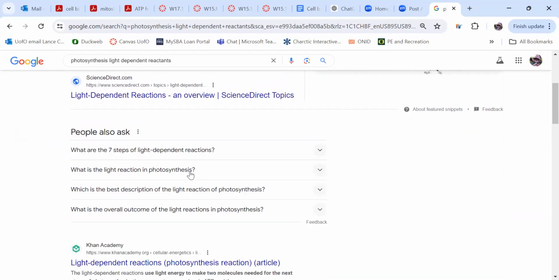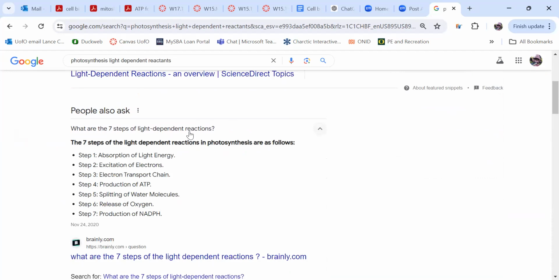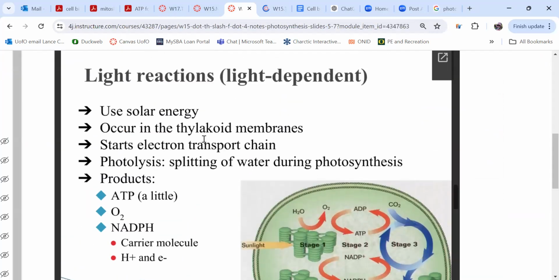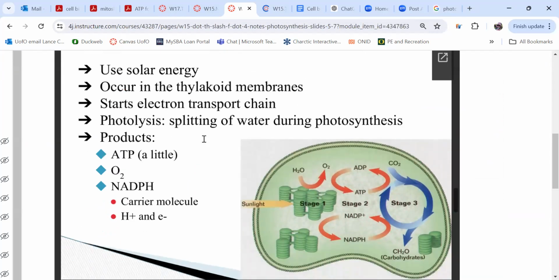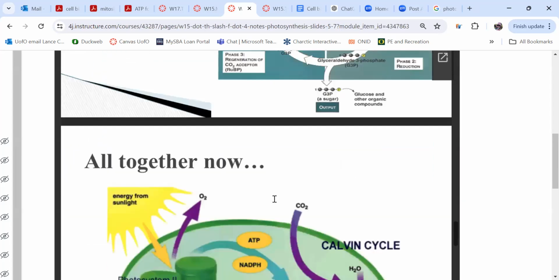Hmm, 7 steps, huh? Use solar energy. So we have sunlight, with H2O coming here. We have this cycle of ADP and ATP. We've got some CO2 coming in here. And we've got NADPH. We also have NADPH here.